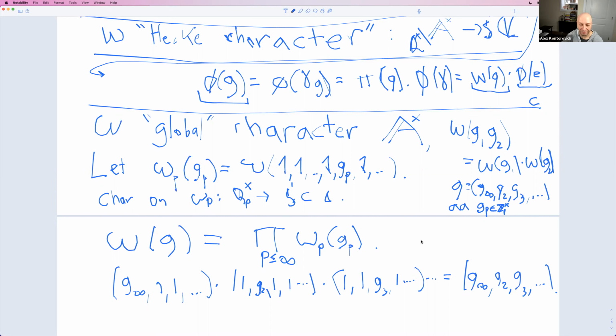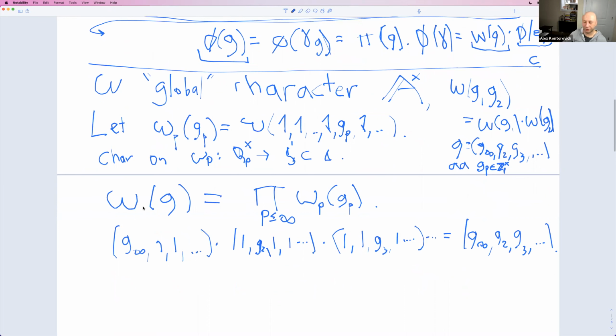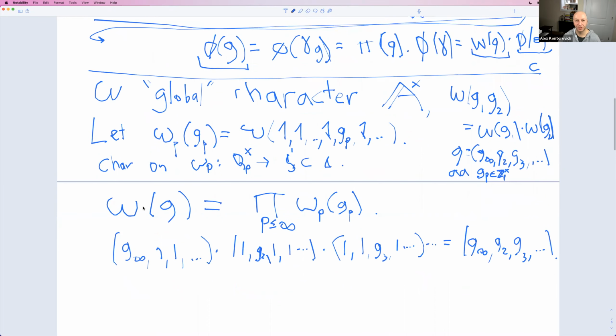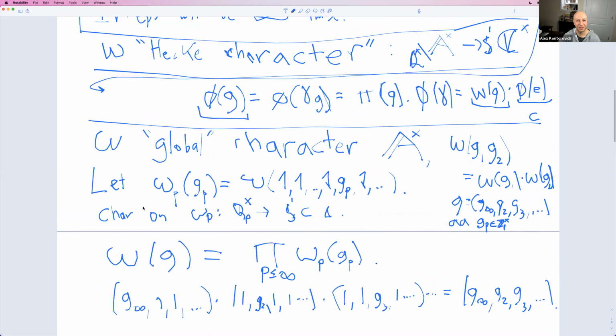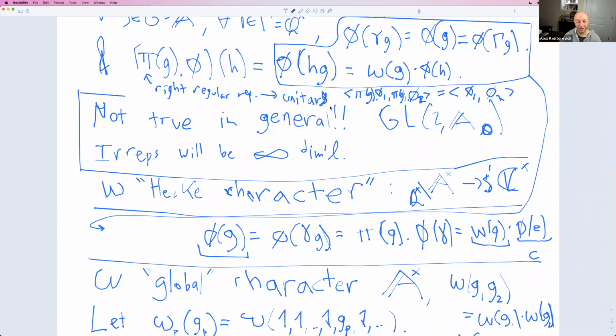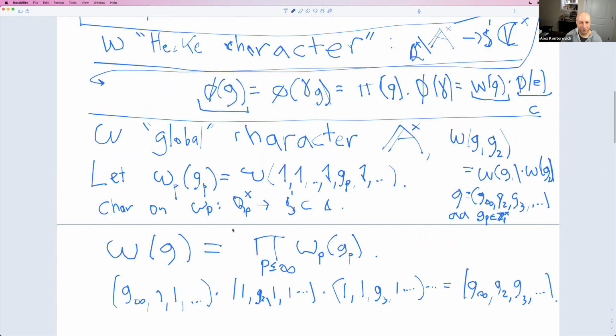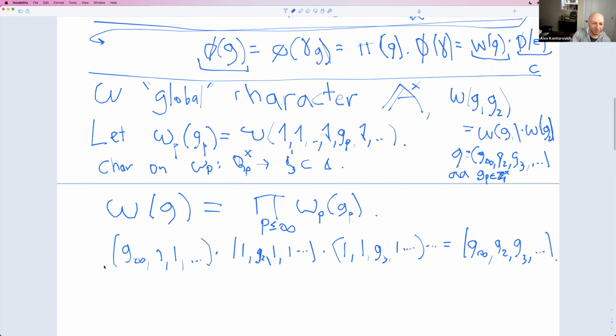So let's talk about that, in fact. Because this character came from a continuous representation, this regular representation, there's two things about it. One, it is unitary, two, it's continuous. So this omega is continuous.